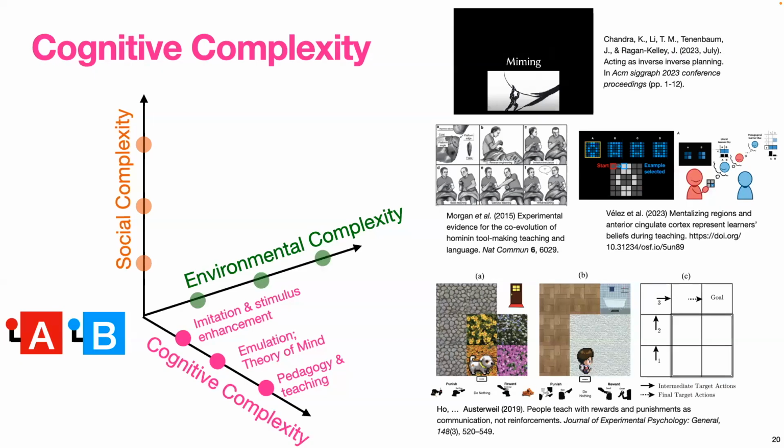This is especially vivid in the context of human cultural evolution, where teaching is said to be one of the key drivers of cumulative culture evolution in human societies. So social inference is a very, very important skill for human teaching.